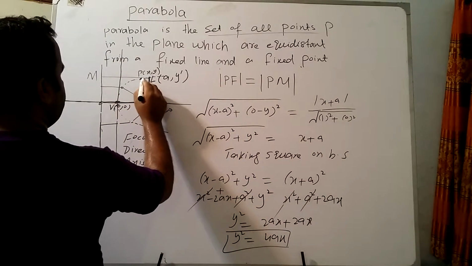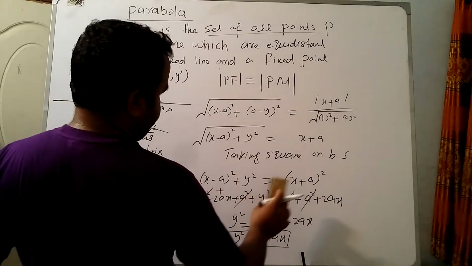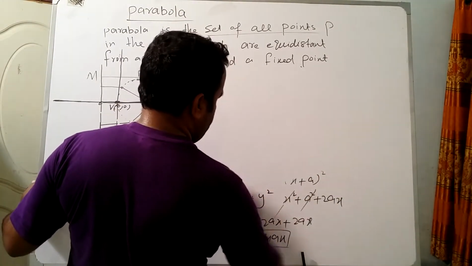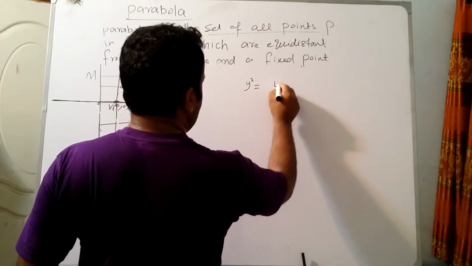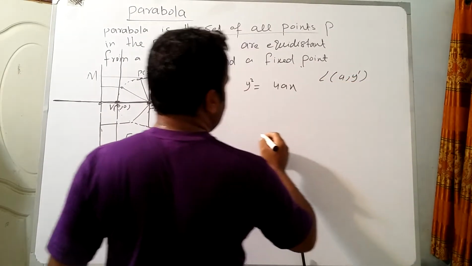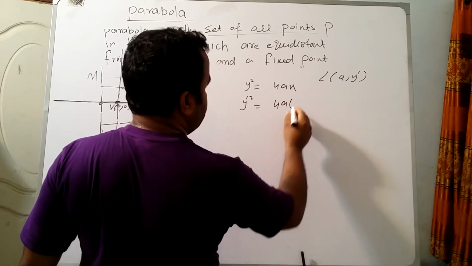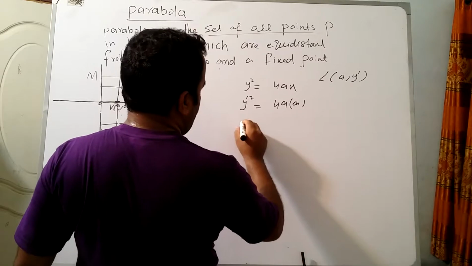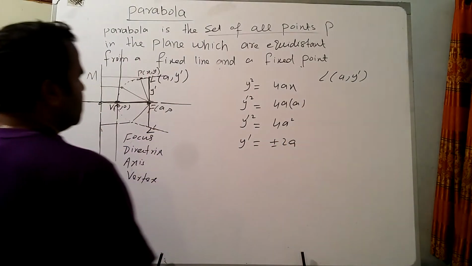Since L is also a point of the parabola, this point must satisfy the equation of the parabola, y squared equals 4ax. Putting it in, y dash squared equals 4a times a, so y dash squared is 4a squared, and y dash equals plus or minus 2a.